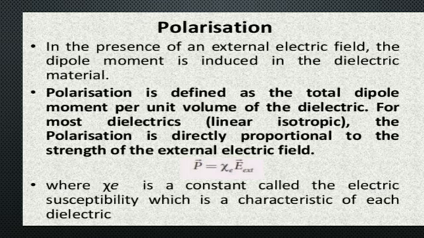This polarization definition is a very important 2-mark question. See the first point. In the presence of an external electric field, a dipole moment is induced in the dielectric material.